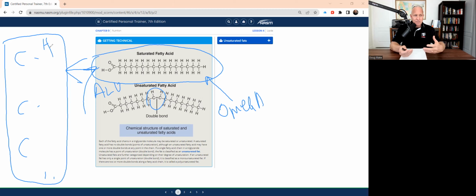I don't remember the actual number, but 65% of all the fatty acids found in olive oil is oleic acid, which is a monounsaturated fat.